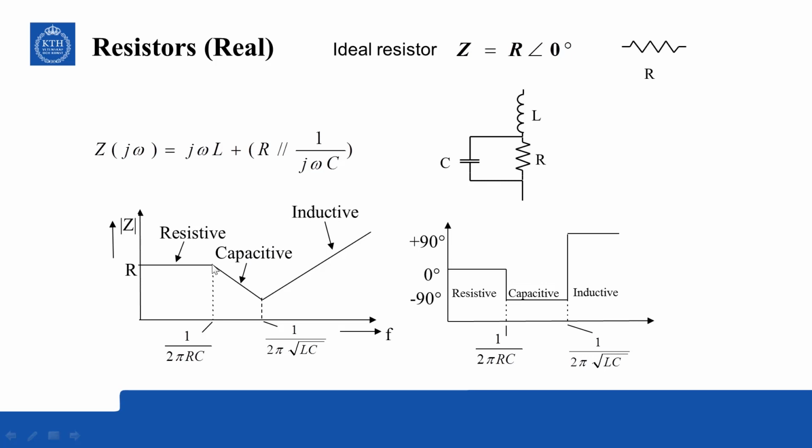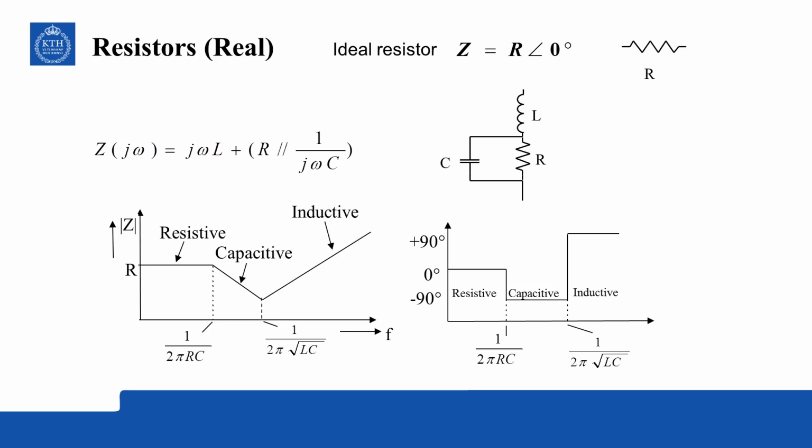At this point both of them become equal, R equal to 1 by omega C. So that frequency corresponds to 1 by 2 pi RC. Beyond that it becomes capacitive. So the resistance remains resistive only below this particular frequency of 1 by 2 pi RC. After that it becomes capacitive.